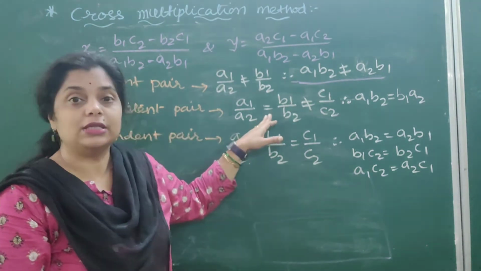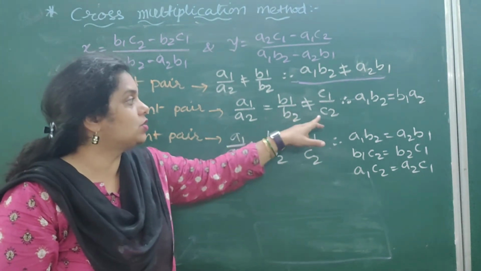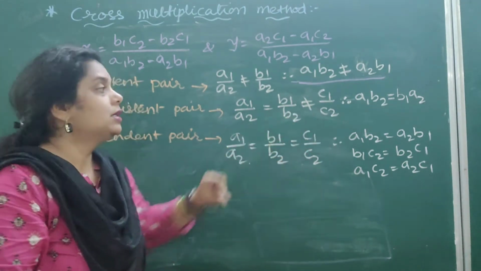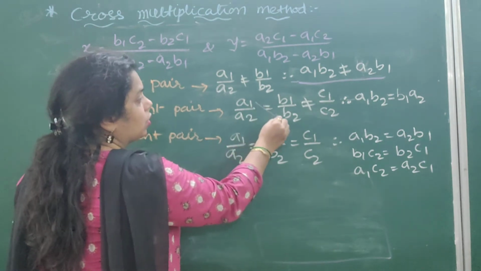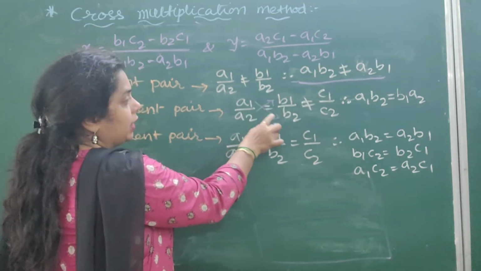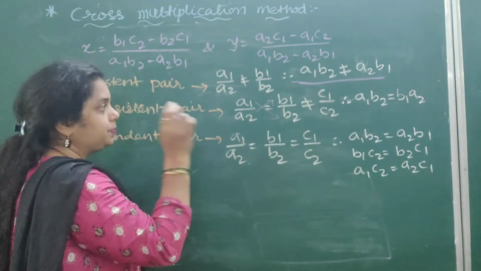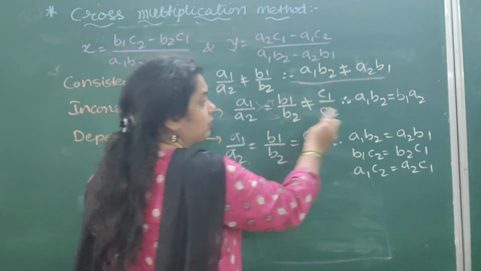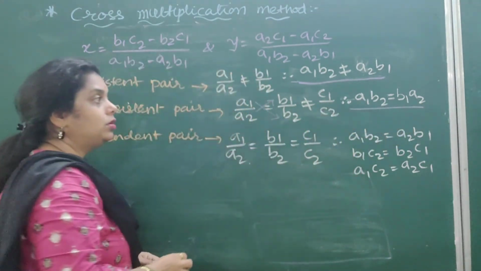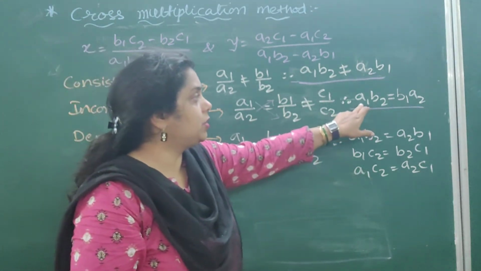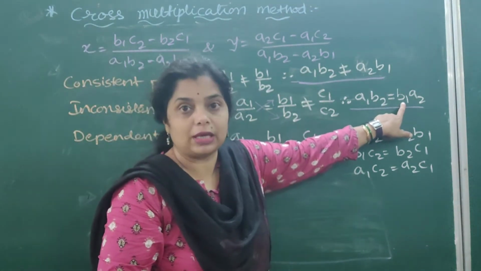In case of inconsistent, a1 by a2 is equal to b1 by b2 is not equal to c1 by c2. So if we do a cross multiplication, a1 b2 is equal to a2 b1. So we can say both the terms a1 b2 and b1 a2 are the same.